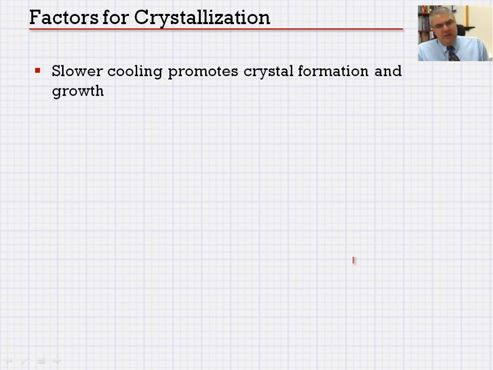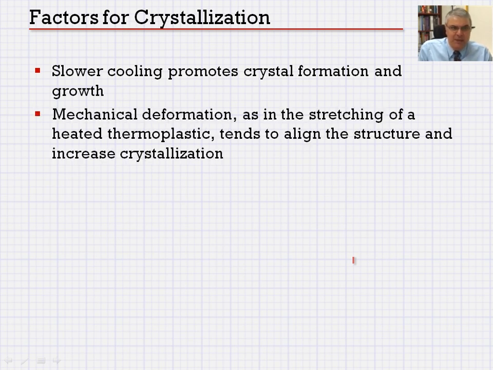Some factors are involved in crystallization. Slower cooling: if we don't want any crystals to be formed, we need to avoid slower cooling, because slower cooling promotes crystal formation and growth.